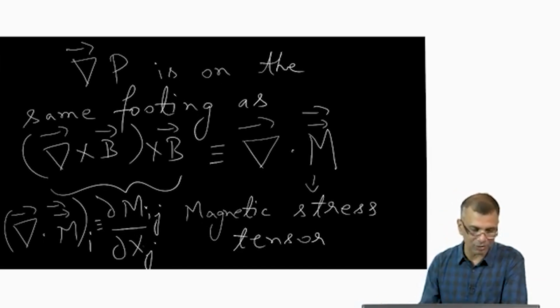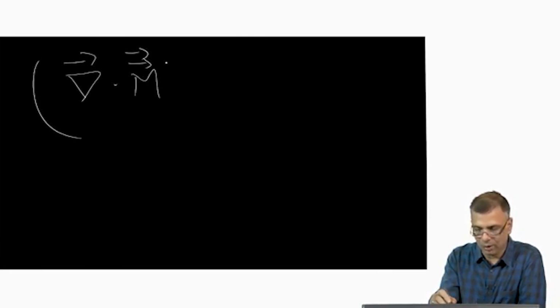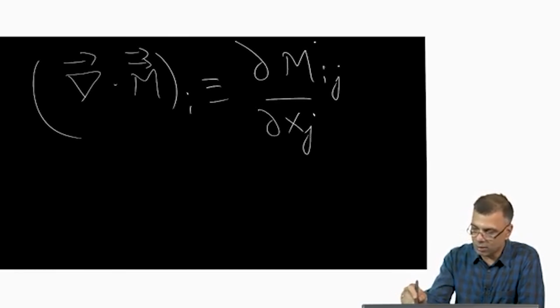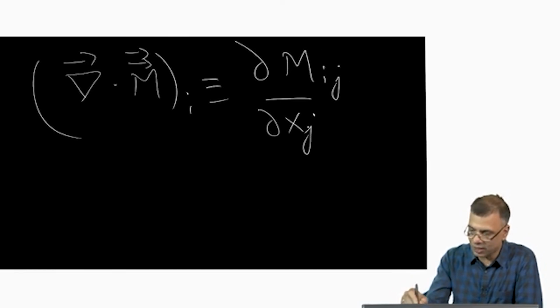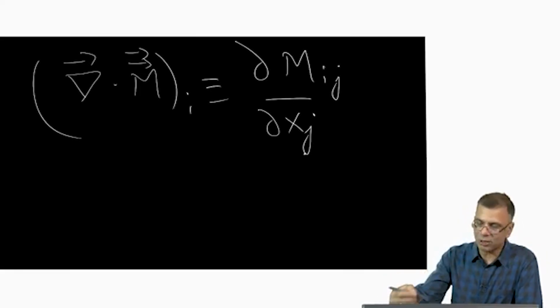Okay, let me write this down explicitly. So, that is what the divergence of this is. So, I will repeat this here. The ith component of this is, because of the appearance of the j as a repeated index, the summation over j is implied.